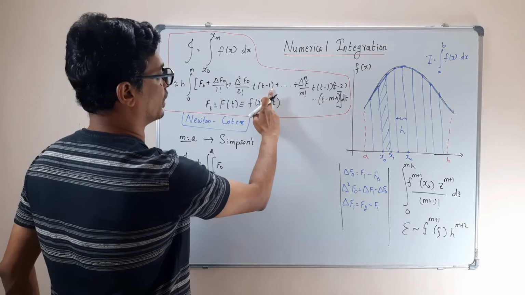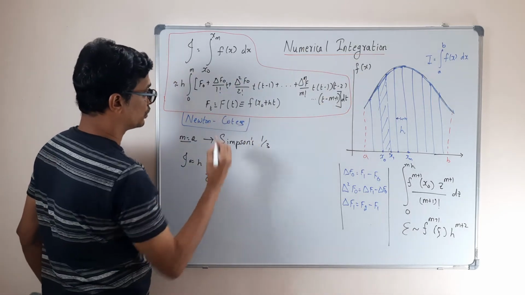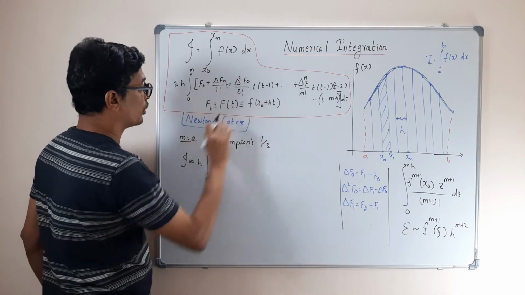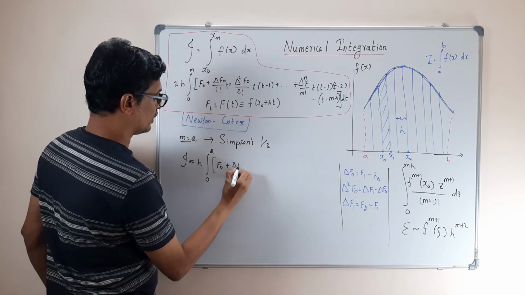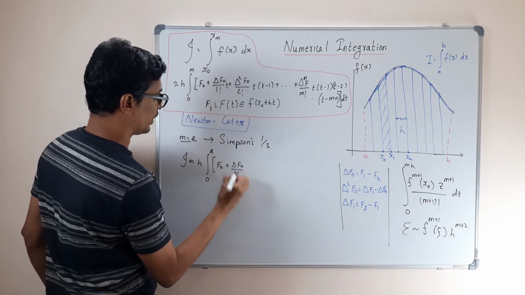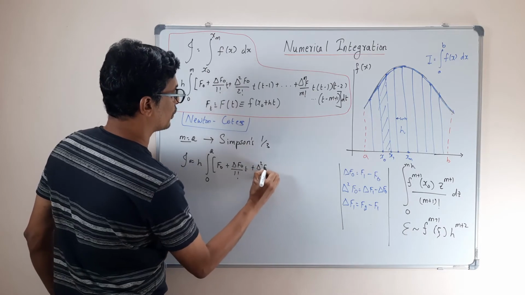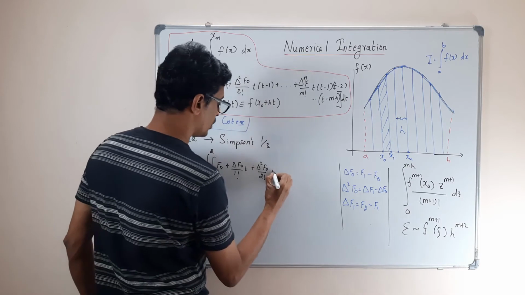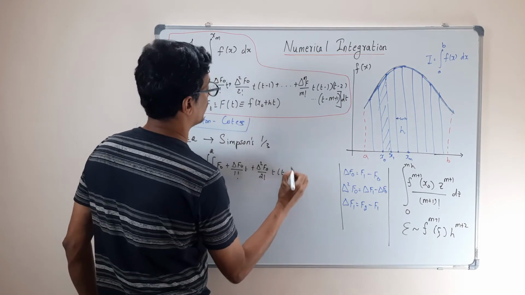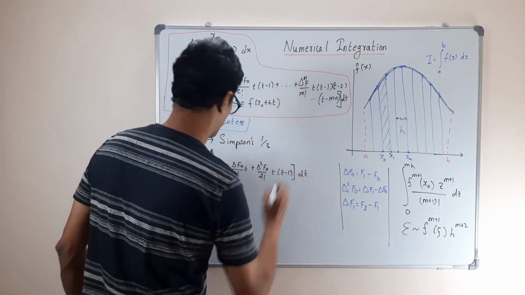So the terms will be f0 plus del f0 by 1 factorial t plus del square f0 by 2 factorial t into t minus 1, and that's it, and then we will have dt.